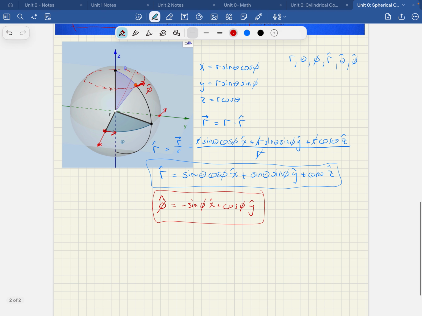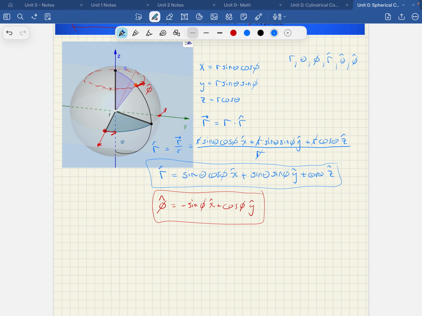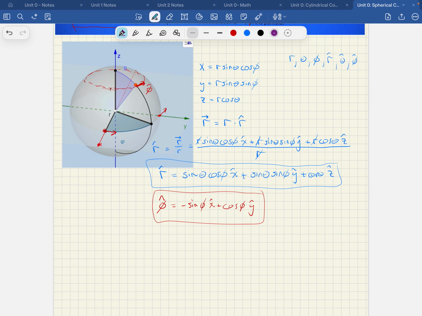Okay, and now theta hat. Let's use purple. Theta hat is going to point in the direction of increasing theta along that line, and it looks like theta hat will depend on theta and phi. It'll change directions when theta changes, and it'll change directions when phi changes.